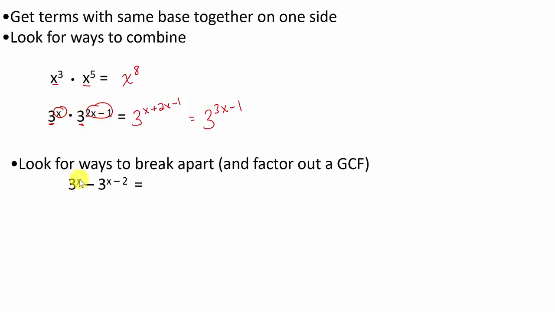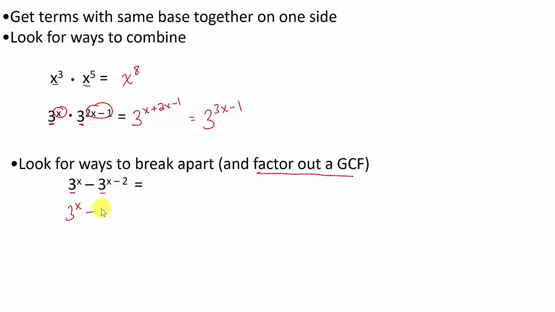So as long as the bases are the same and we are multiplying, I add powers. Now, this was combining things, putting things together. I might also want to look for ways to break things apart so that I can factor out a greatest common factor. Look at this one. Notice that the bases are the same, but this is not multiplication, so I can't put these together. This is subtraction, and addition would work the same. So I want to leave this one, but using the rule we just looked at, I'm going to take this term and break it apart.